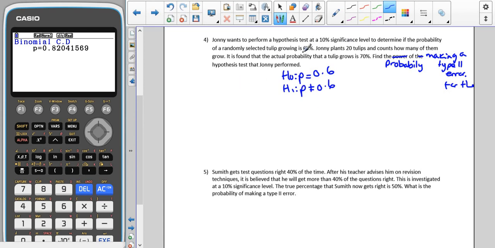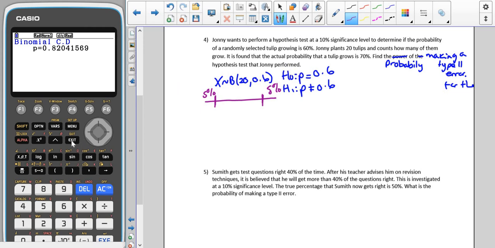We are planting 20 tulips, so we're starting off by using X follows the binomial distribution with an N of 20 and a probability of 0.6. And as we talked about when we were looking at Poisson, this is two-tailed, so I'm wanting to find the value below and the value above. That means that I have a maximum of 5%, because I'm having to split my 10%, 5% on the lower part and 5% on my upper part here.